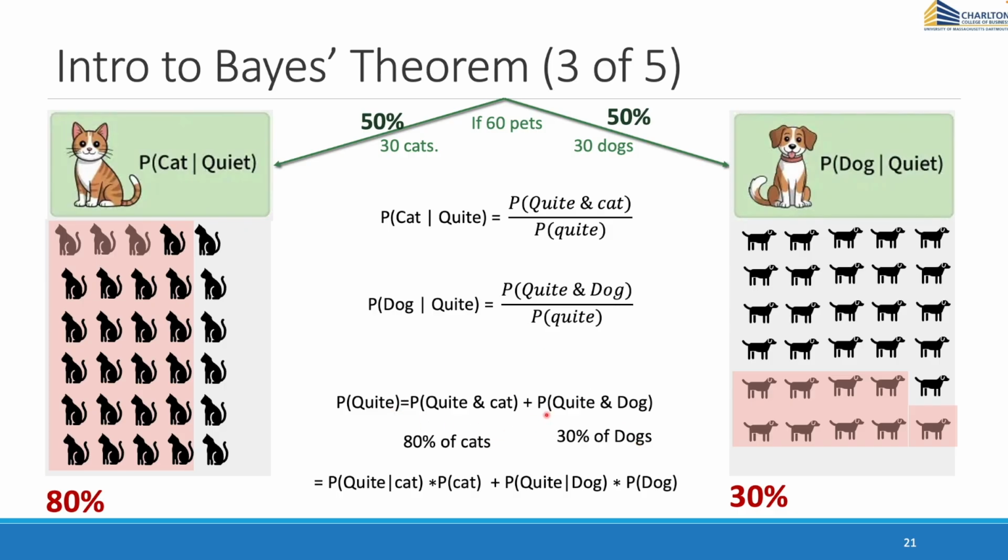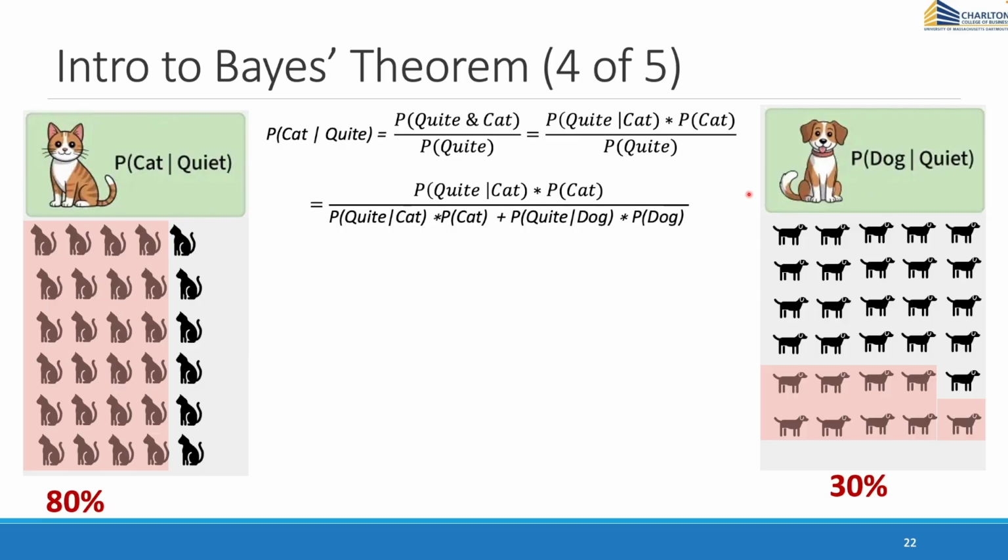Probability of being quiet and cat is probability of being quiet given that it's a cat, multiplied by the probability that it's a cat. That is 50% of the time. Plus probability of being quiet given that it's dog, multiplied by the probability that it's dog, which is 50% of the time. That's our initial belief.